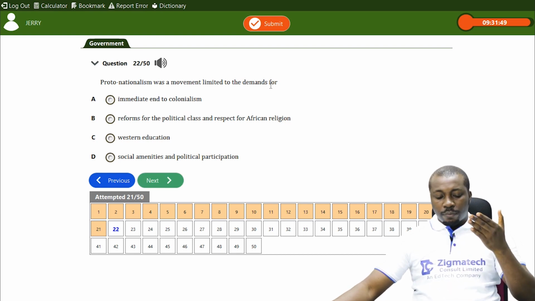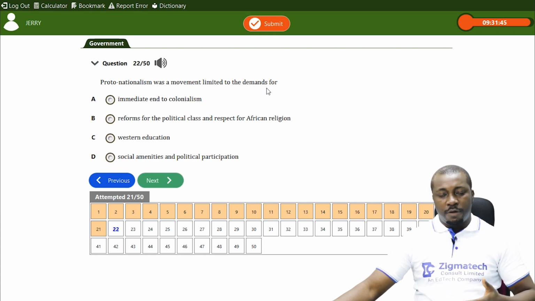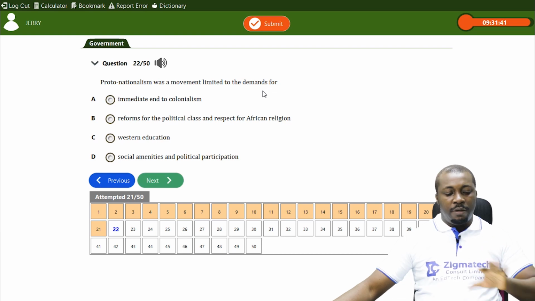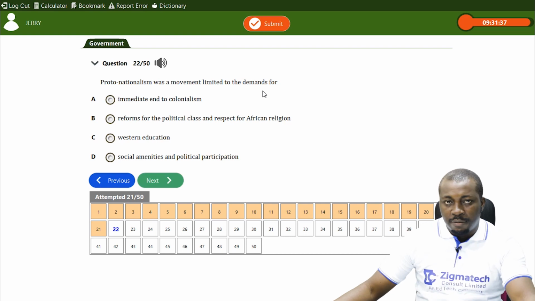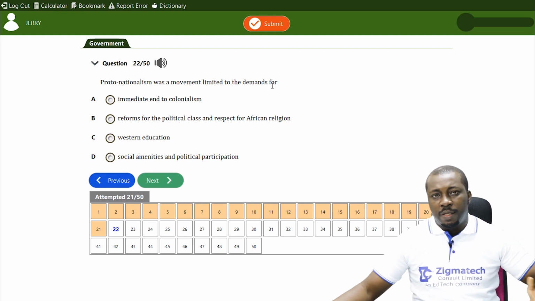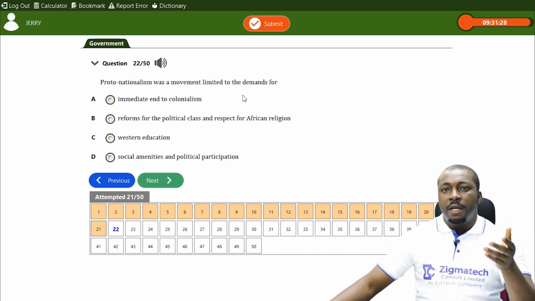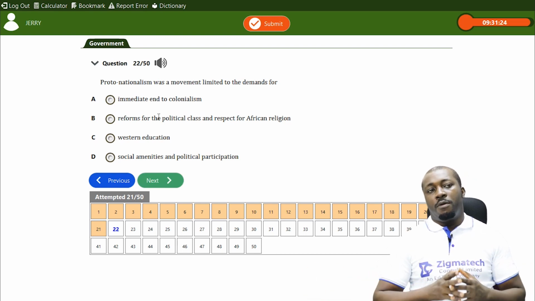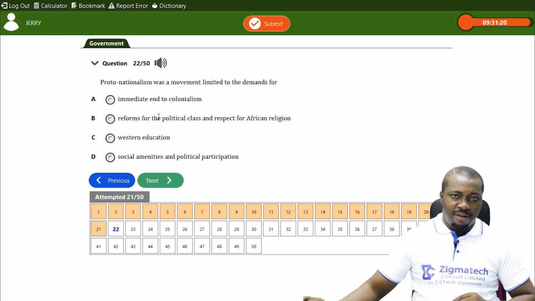Now, in stages and types of nationalism, of course, it started with the resistance stage. Resistance stage, when the traditional rulers, when the middlemen were resisting because their position in the society was threatened. Now, we also have this proto-nationalism. Now, this is the era where people, those who are being colonized, sought participation, let them be part of their government.